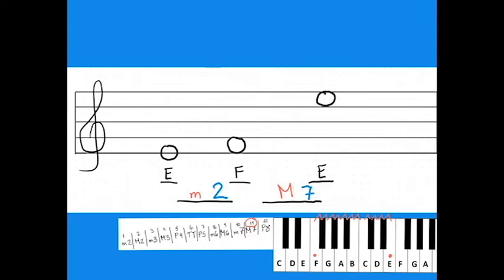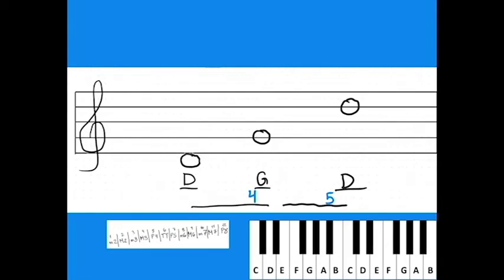Our original interval here is D to G, and we count our half steps. 1, 2, 3, 4, 5. 5 half steps is the same as a perfect fourth.